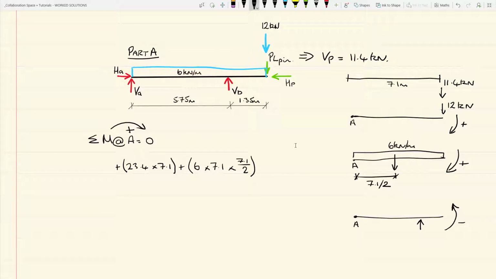So that is now negative. So we can say it's minus 5.75 VB. And as before, that all equals 0. And we can simplify that to give VB equals 55.2 kilonewtons.